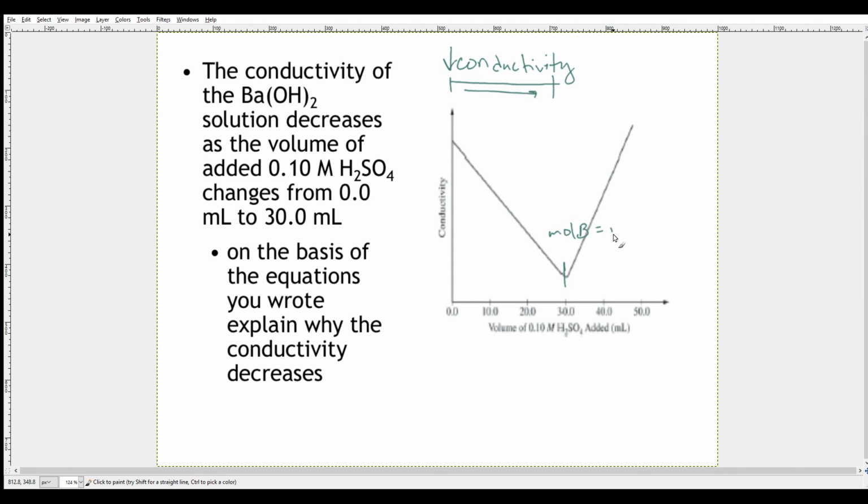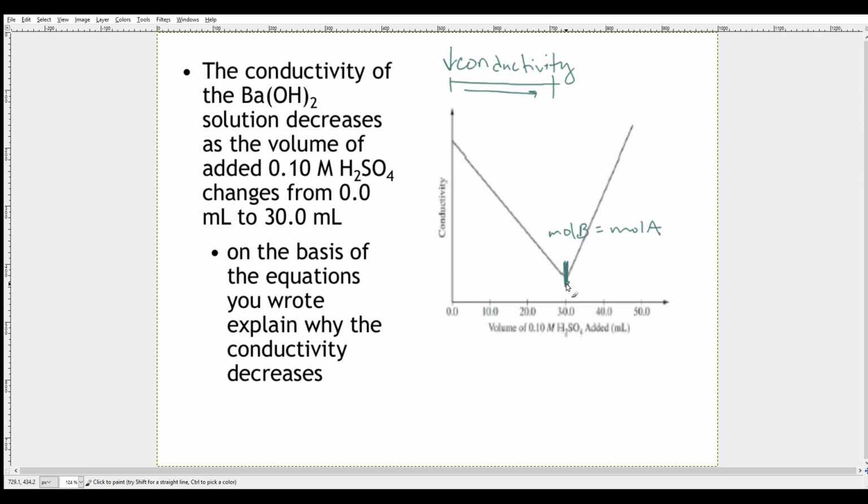Moles of base equal to moles of acid, which means as we're getting closer and closer to this point, they're getting closer and closer to being equal and completely used up. And down here, right at this point, do we have any free ions? Not really. They're all being used with each other. But here we have some free barium hydroxides still. This one we have tons of free barium hydroxides, and as we get closer, the sulfuric acid starts attaching itself to them, lowering conductivity until you reach this point.